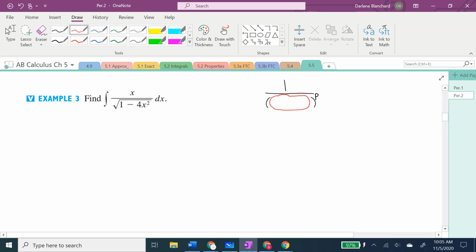This is a very, very common place to find your u's. So my u is going to be the 1 minus 4x to the 4th, or 4x squared, if I can read the numbers in front of my face.